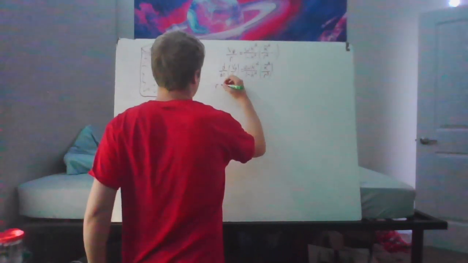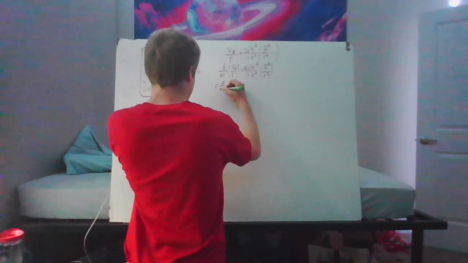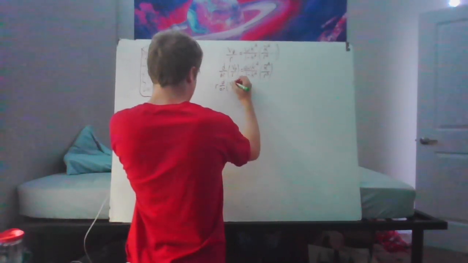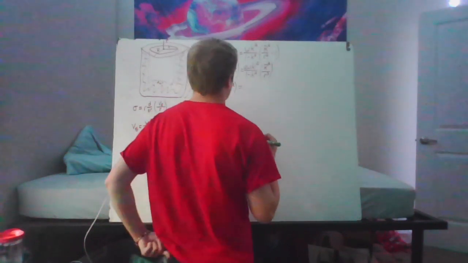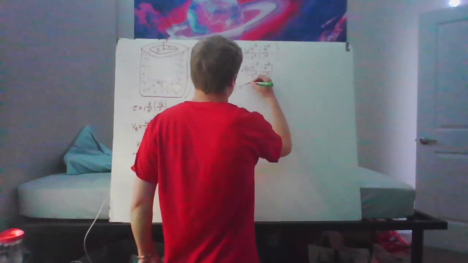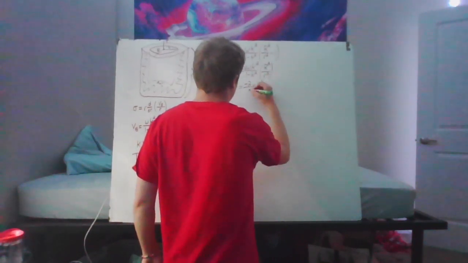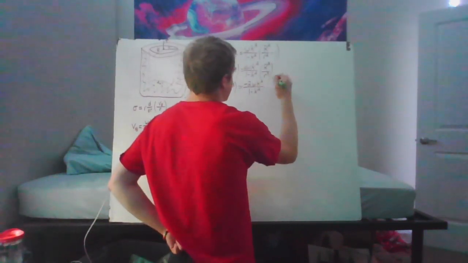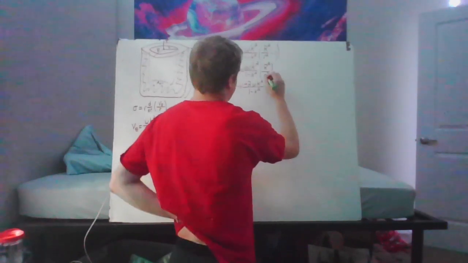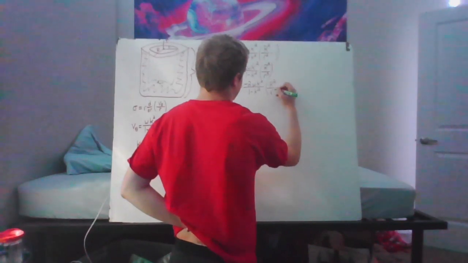So R d over dr will equal, all this will stay the same. And then we'll just take 1 R off down here. So big R squared over little r squared.